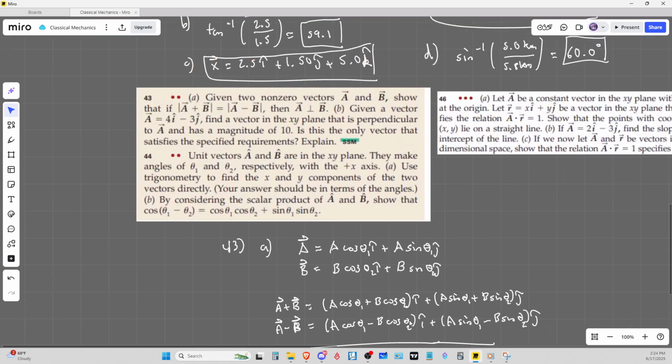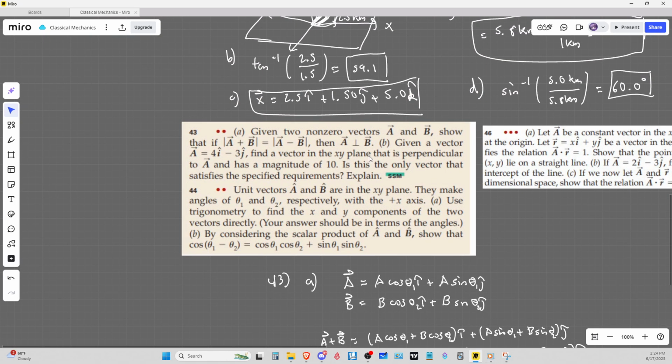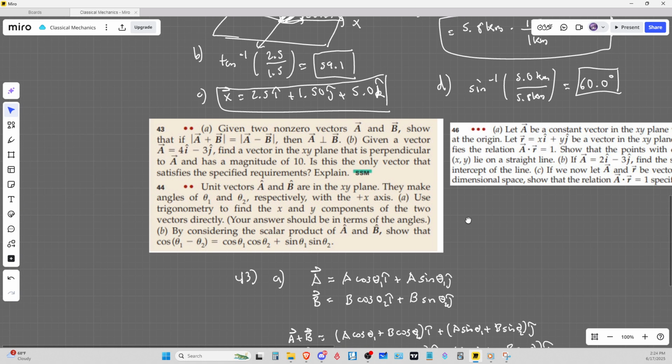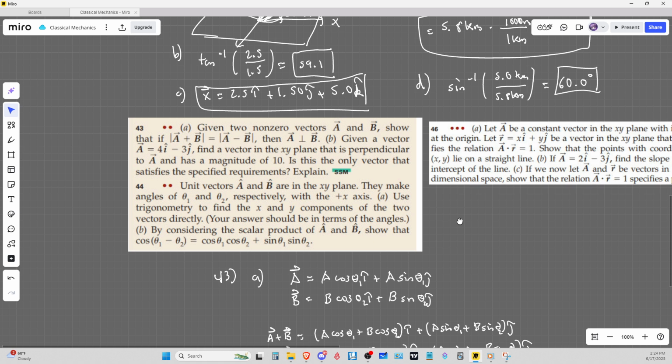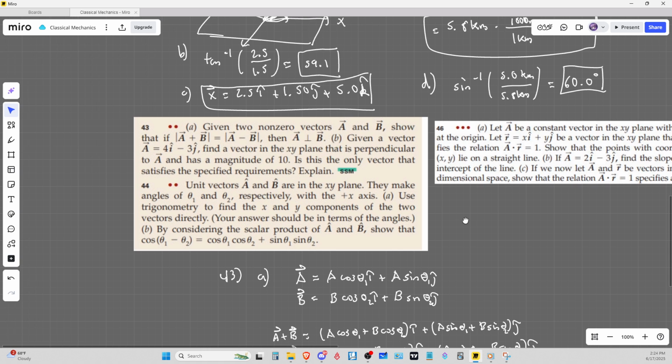According to the problem, it basically says given two non-zero vectors A and B, show that if the magnitude of A plus B is equal to the magnitude of A minus B, then vectors A and B are perpendicular. Orthogonal, I'm guessing.